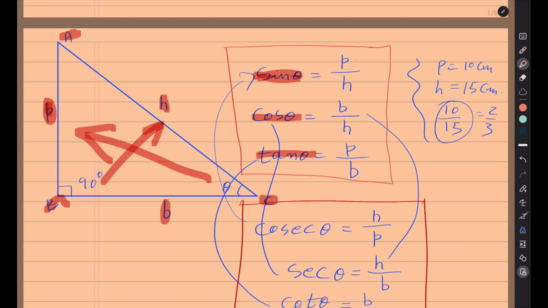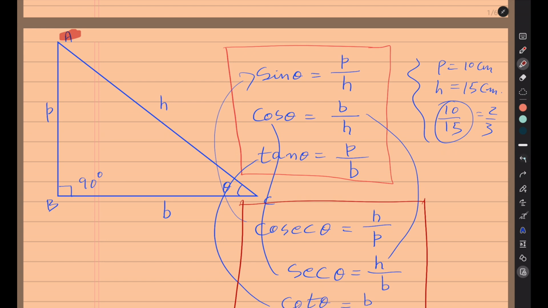Sine theta is P by H, cos theta is B by H, tan theta is P by B.